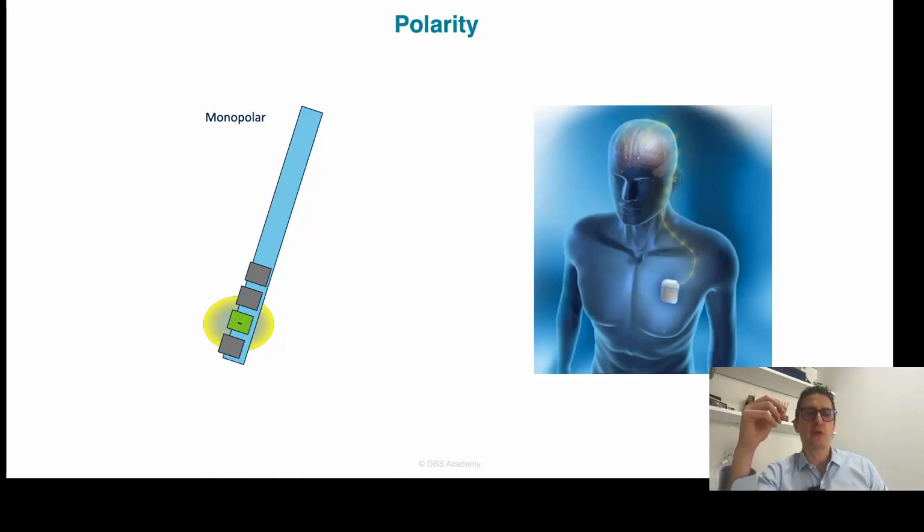It's really high frequency. And each flow of the ion, we can count in milliseconds. That's the pulse width. So the first thing to do is to test each contact in our patients to see which is the best to elicit the best motor improvement: the rigidity, the tremor, and the bradykinesia.